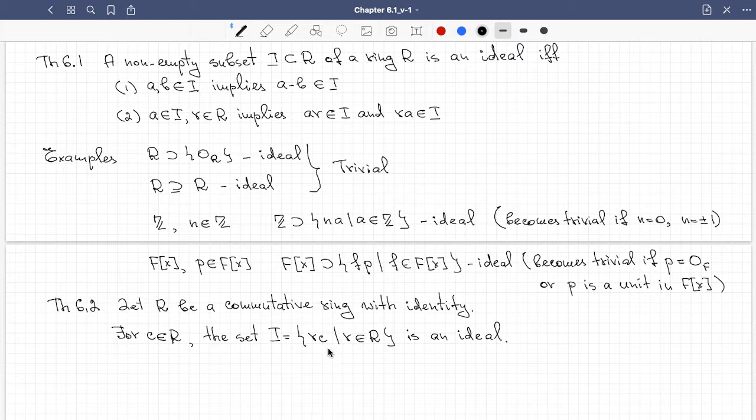The set of all multiples of any fixed element is an ideal.